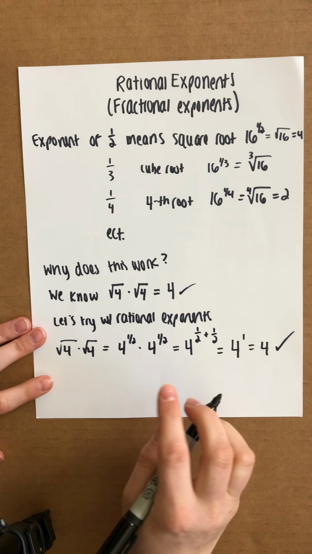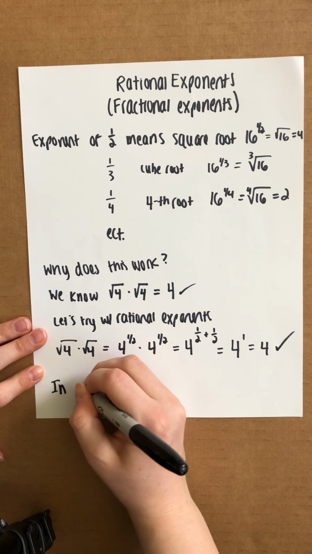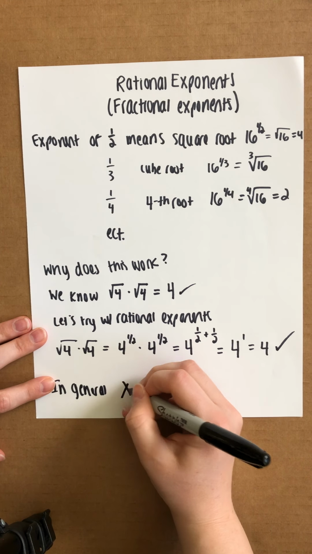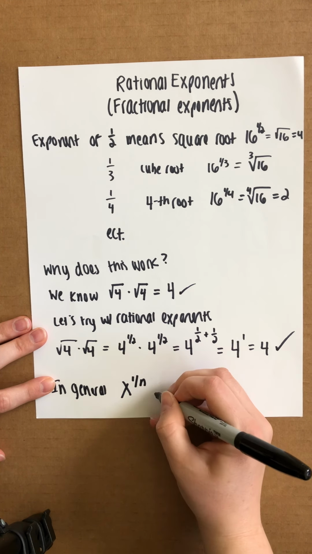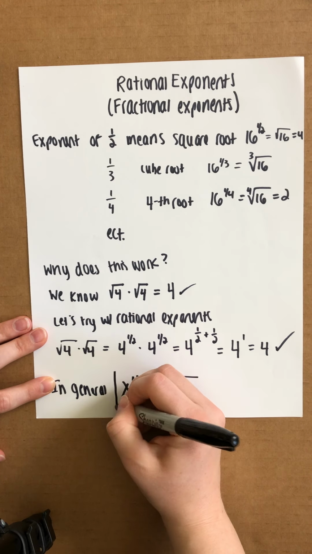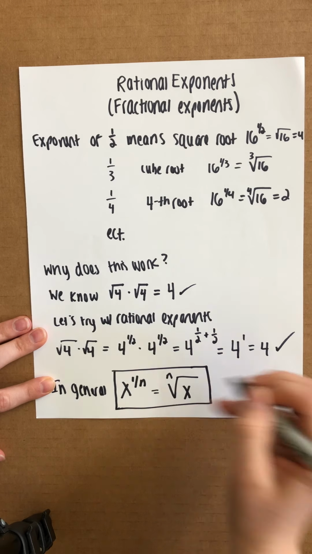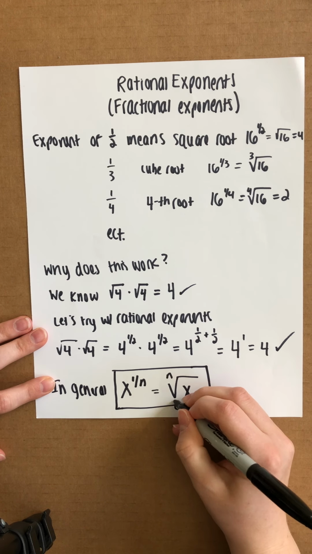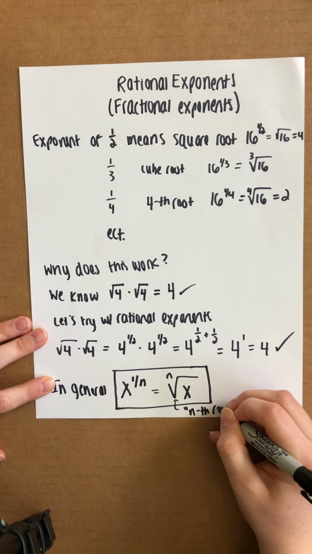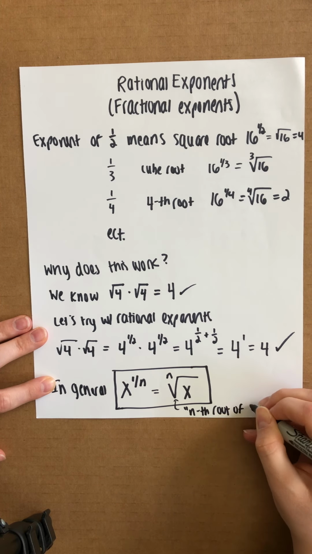So we can generalize this. In general, our rule is that x to the power of 1 over n equals the nth root of x. So this is our general rule, and we read this as the nth root of x.